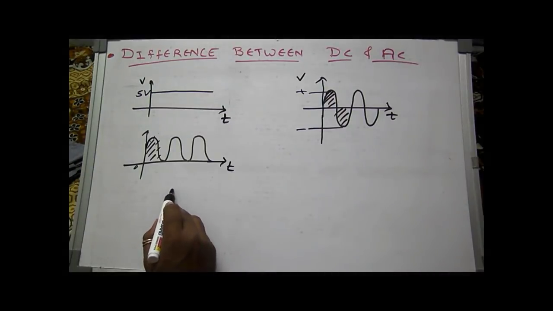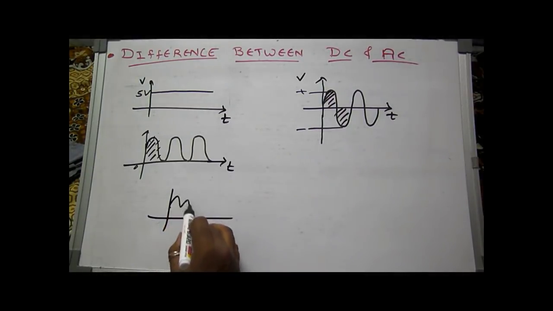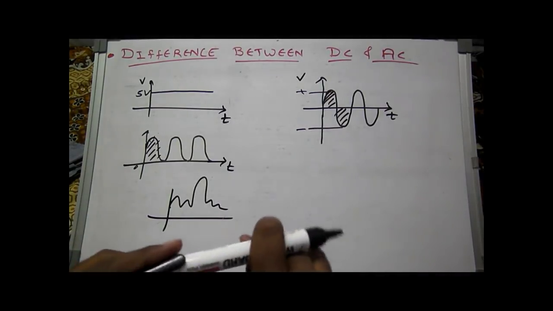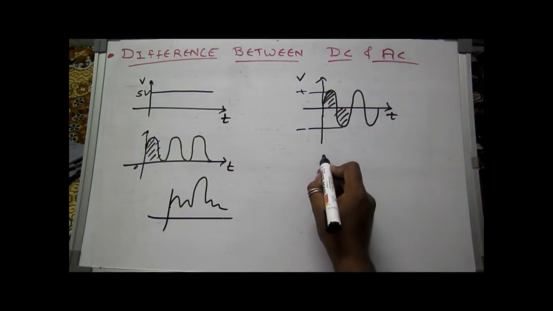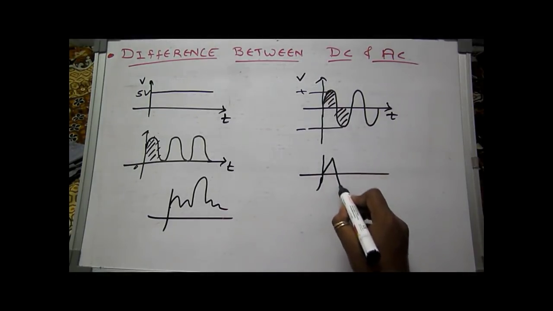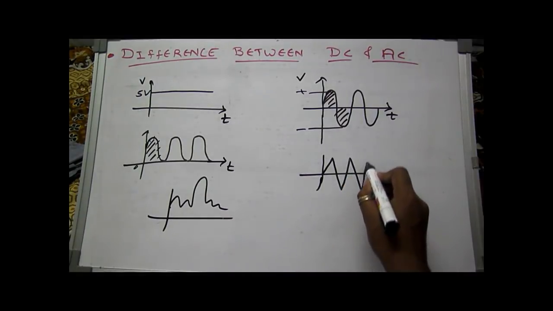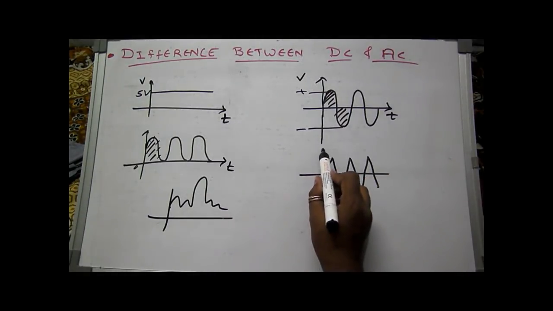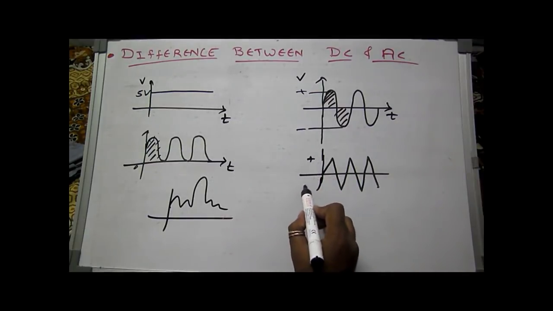Another way of representing DC, this can also be called a DC wave. Let's see AC now. We can have a waveform like this also. If we consider the triangle wave, then it is also an AC because it is changing its polarity. First it is positive, then it is negative.